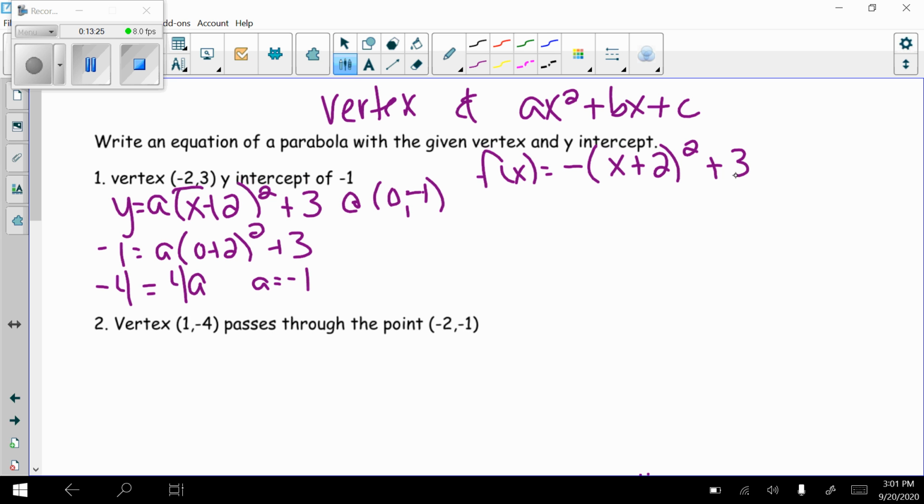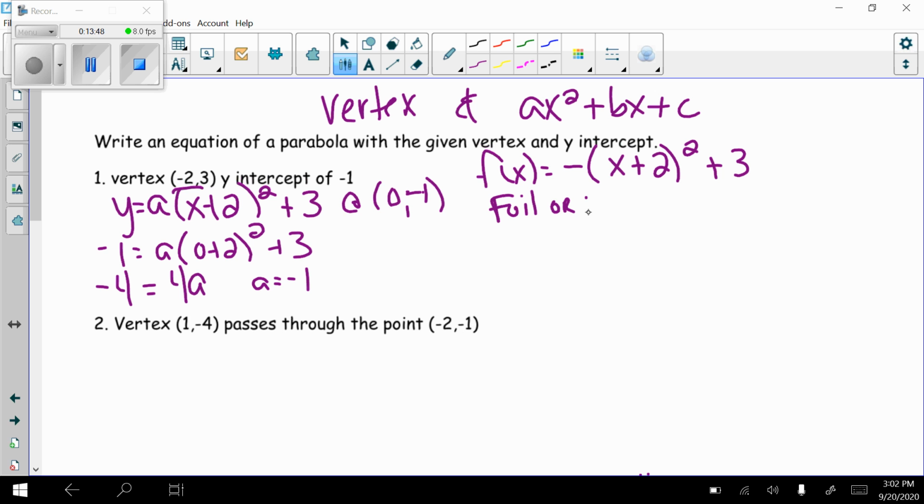Now we want to expand that out and write it ax squared plus bx plus c, which basically just means this x plus 2 quantity squared, we're going to FOIL it. There's a shortcut to FOIL when it is quantity squared.